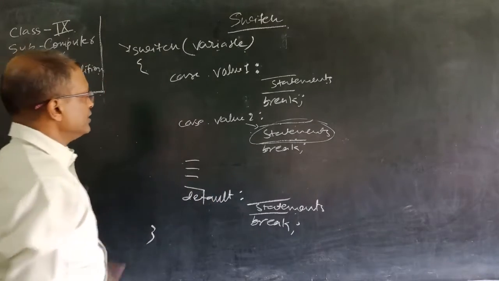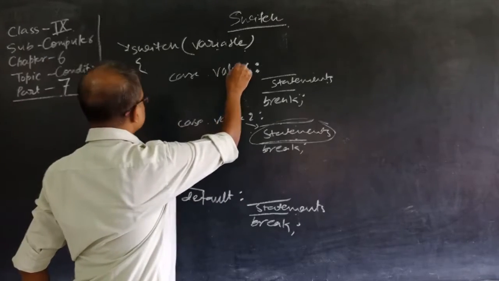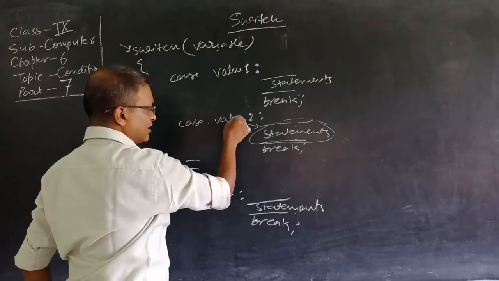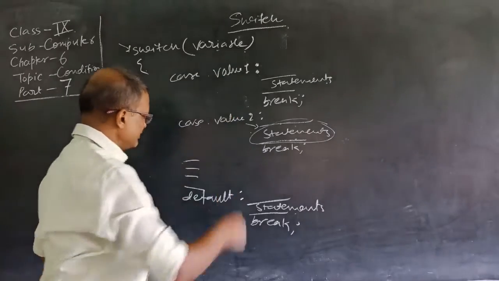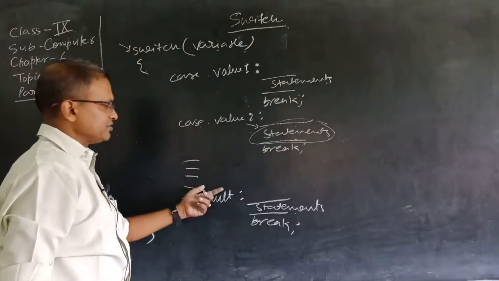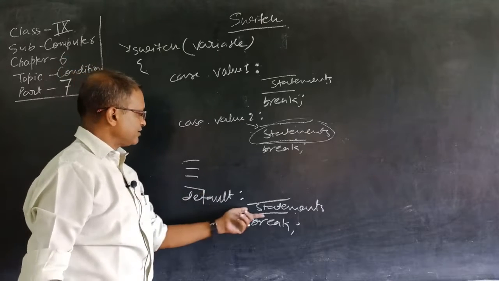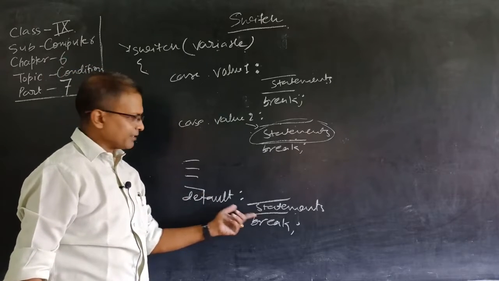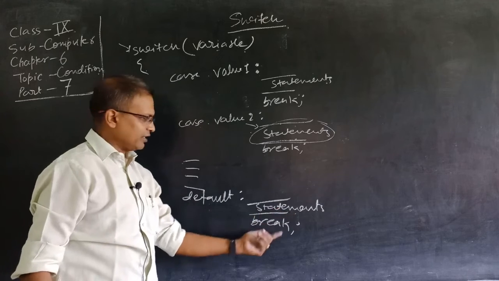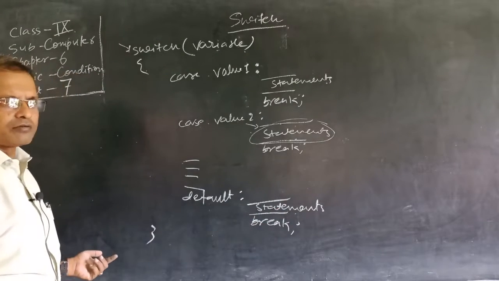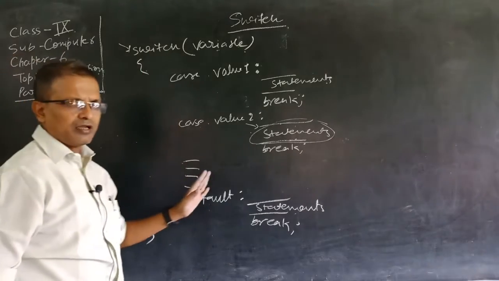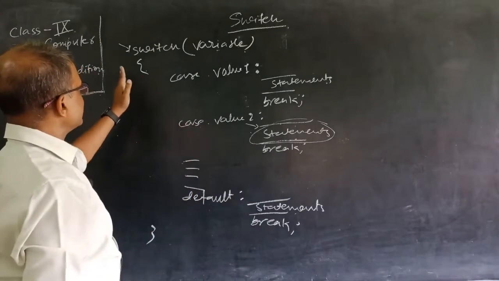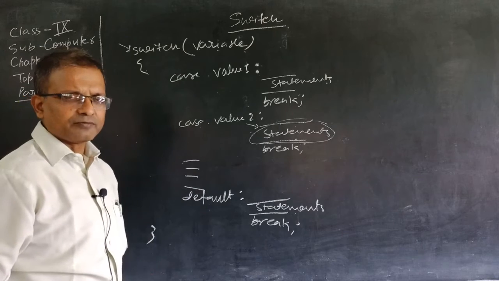If this case is not matched, then the control will move to the next case, and accordingly if no case matches, then the control directly comes inside the default statement, and finally these statements are executed, and break takes the control out of the switch statement. This is the processing.